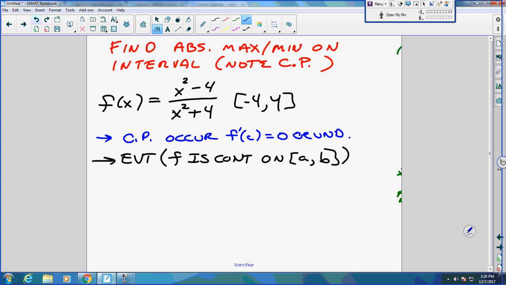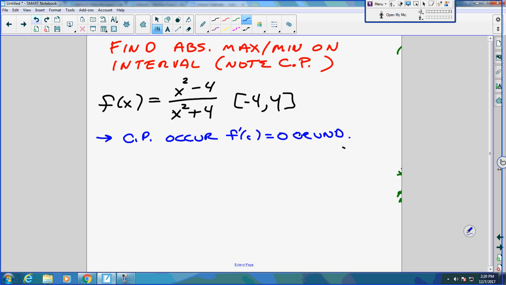The other thing we know is a critical point will occur. So we're going to have to take the derivative first. And I'll leave that blue there. In black, f prime of x. Icky. You ready for this? Here we go. What's the derivative of the top?